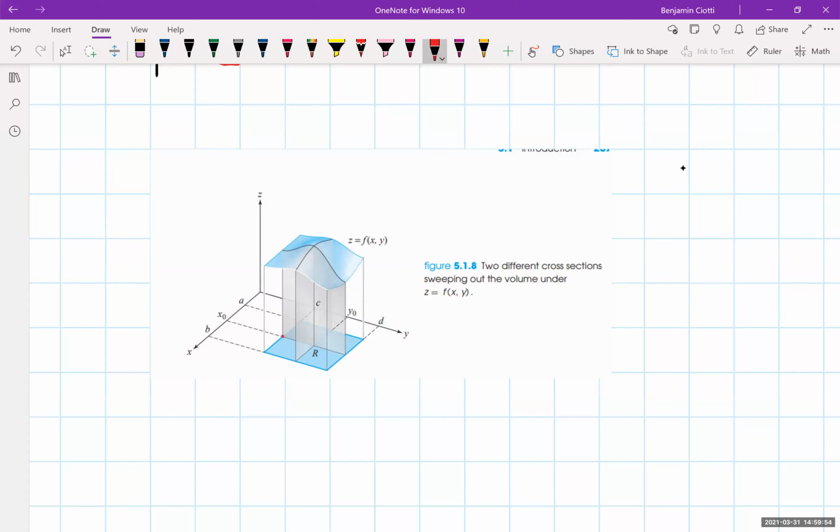So if you make cross sections perpendicular to the x-axis, let's say this is the point, let's just call it x. Can you tell me what's the area of this cross section? Oh, just be delta x times f(x,y).